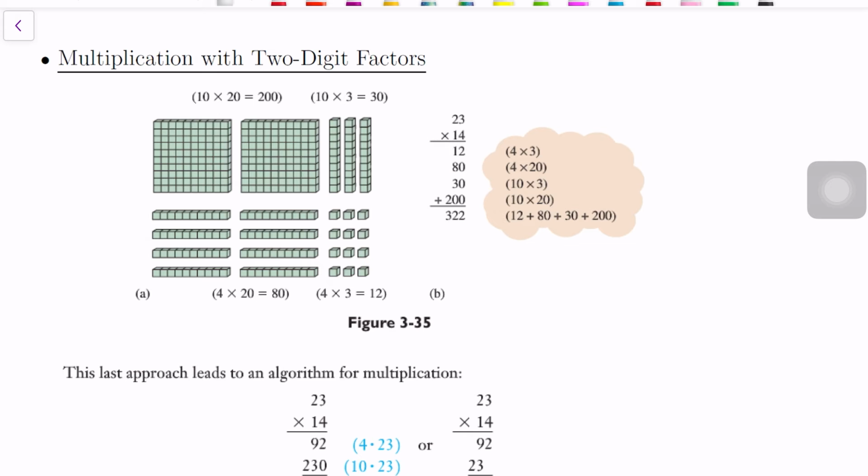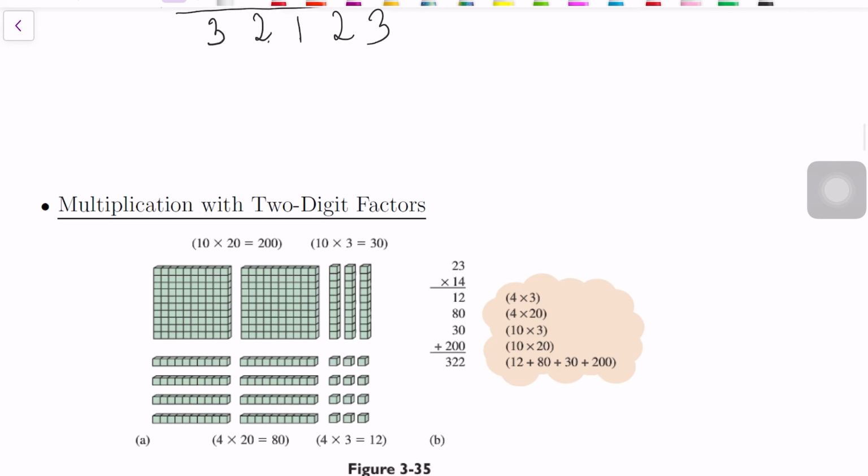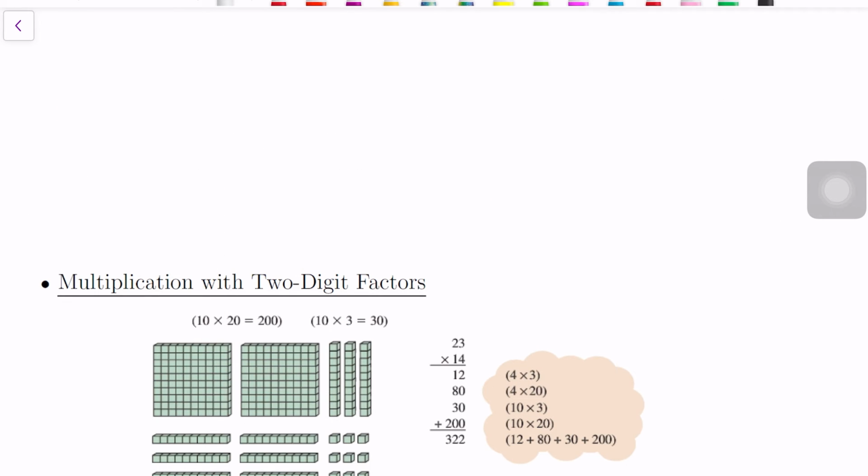Because ultimately, if you write it down, how you can represent 14 times 23, as before, you would write 10 plus 4, and you multiply 20 plus 3, 2 times 10 plus 3. Okay.